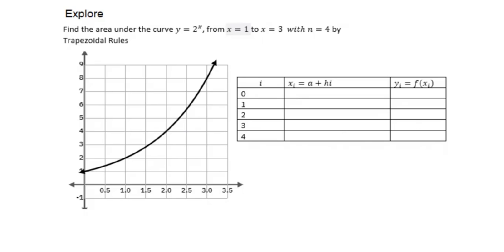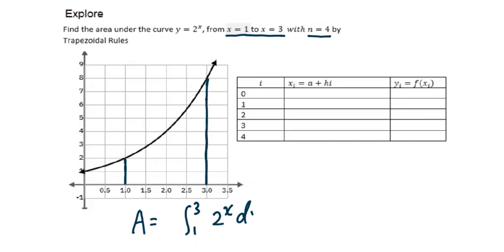Find the area under the curve y equals 2 to the x power from 1 to 3 with n equals 4 by trapezoidal rules. So we have 1 here. Then we have 3. According to the definition of a definite integral, we know that this area, we can write down as the integral from 1 to 3 of 2 to the x power dx.